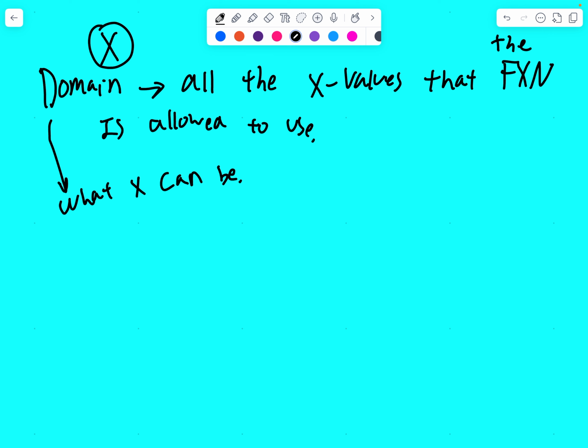Let's talk about range, and then we'll do practice. Okay. Range, you guessed it right. It's all the Y values the function can produce.